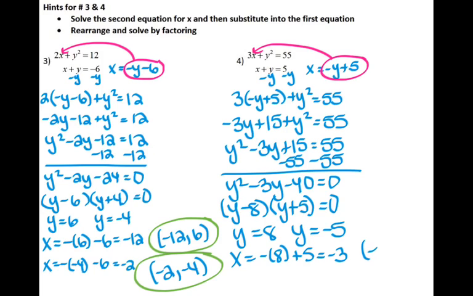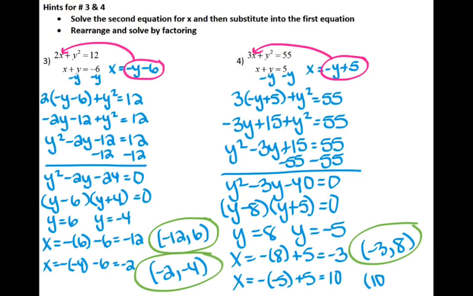So my ordered pair is negative 3, 8. And then my second value for x is negative of negative 5 plus 5, which is 10. So my ordered pair is 10, negative 5.